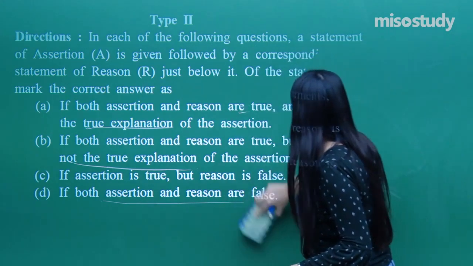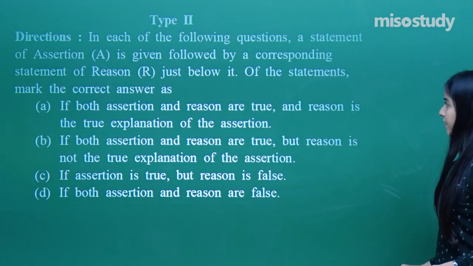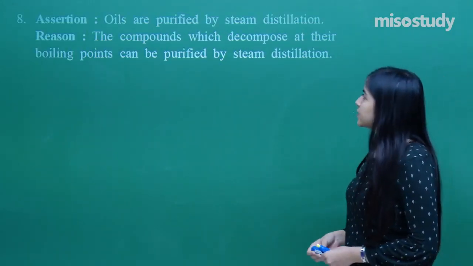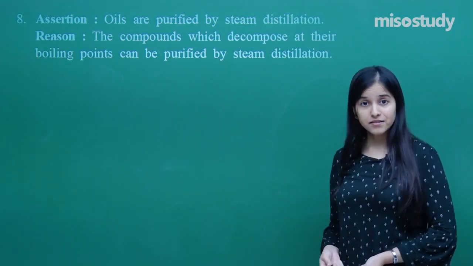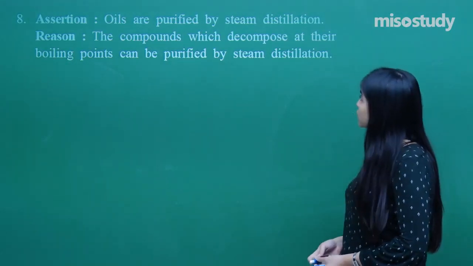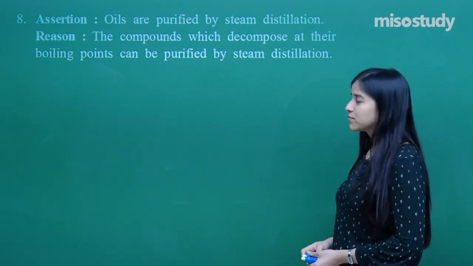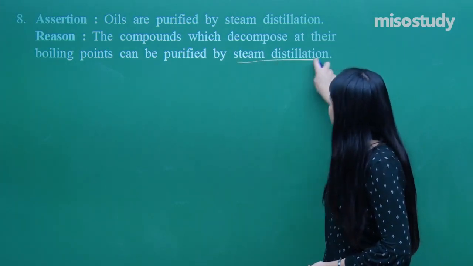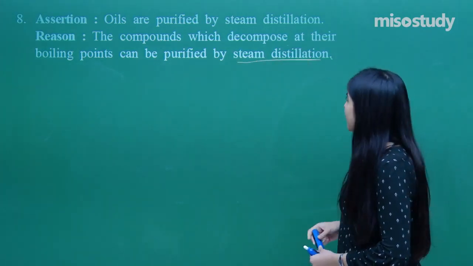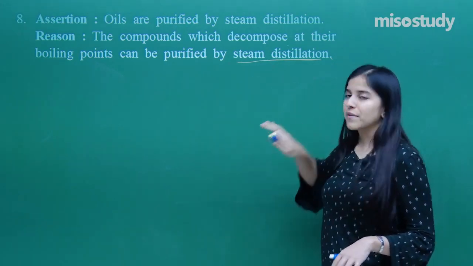Now let's check up the questions based on it. Oils are purified by steam distillation, that is the assertion. The compounds which decompose at their boiling points can be purified by steam distillation. It is very much evident that steam distillation does not imply that compounds which decompose at their boiling points will be purified by this method.